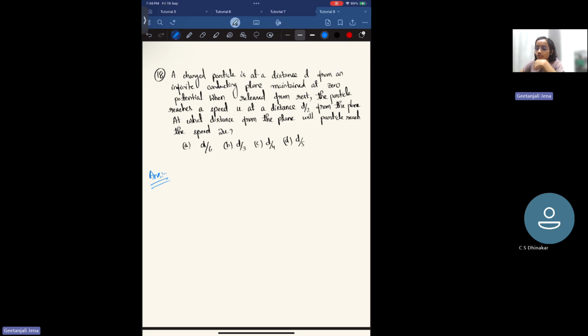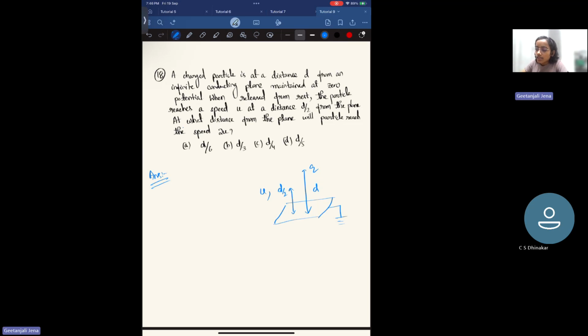So there is a charged particle at a distance d from an infinite conducting plane maintained at zero potential. When released from rest, the particle reaches a speed u at a distance d by 2 from the plane.